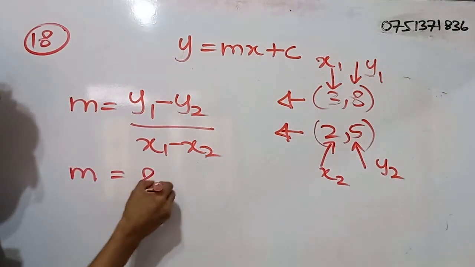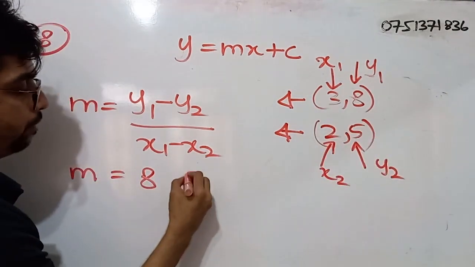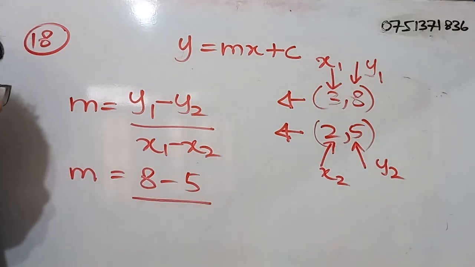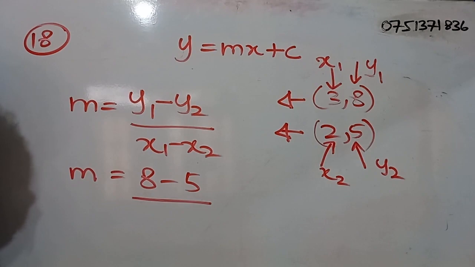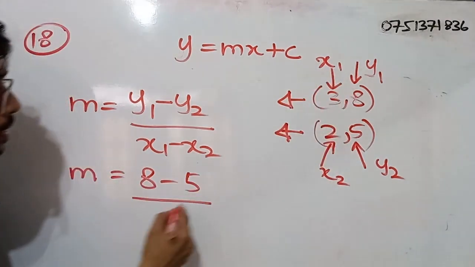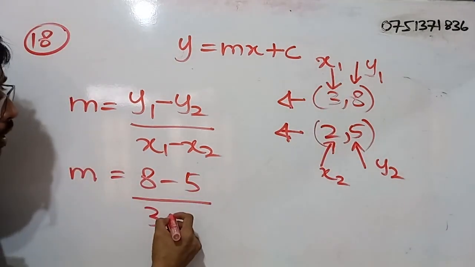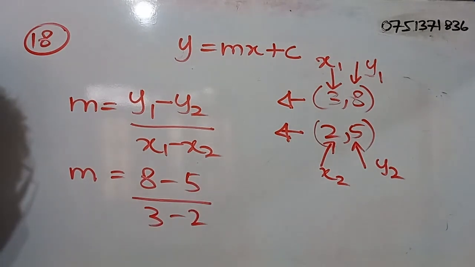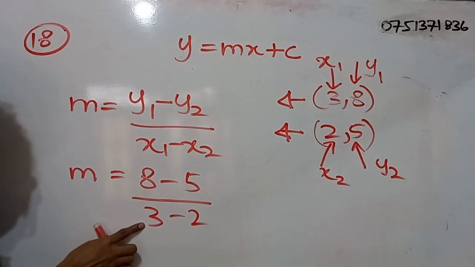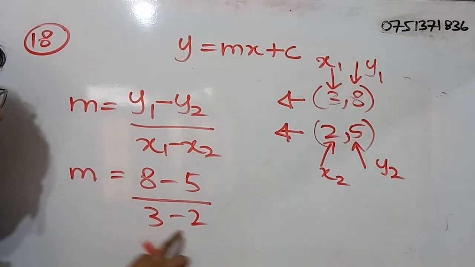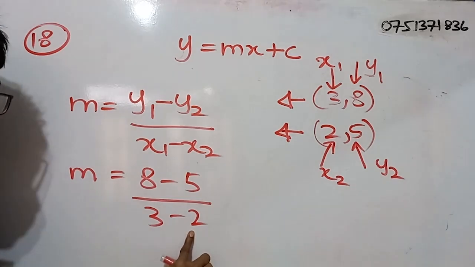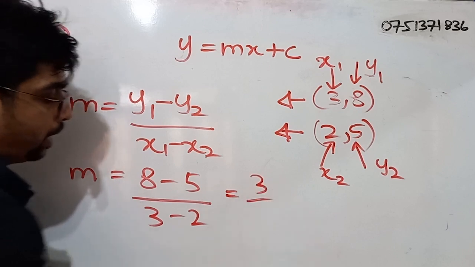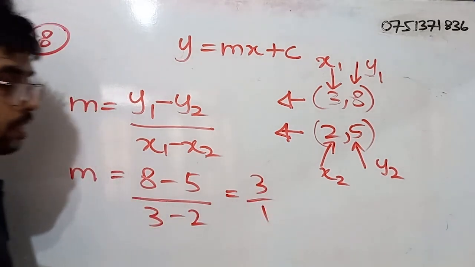So gradient m is equal to what? y1 is 8, y2 is 5, the difference is what? 8 minus 5. Divide by, now we come to the difference of x coordinates, right? So x1 is 3, x2 is what? 2. So 8 minus 5, we know that's a 3. 3 minus 2, we know that's a 1.